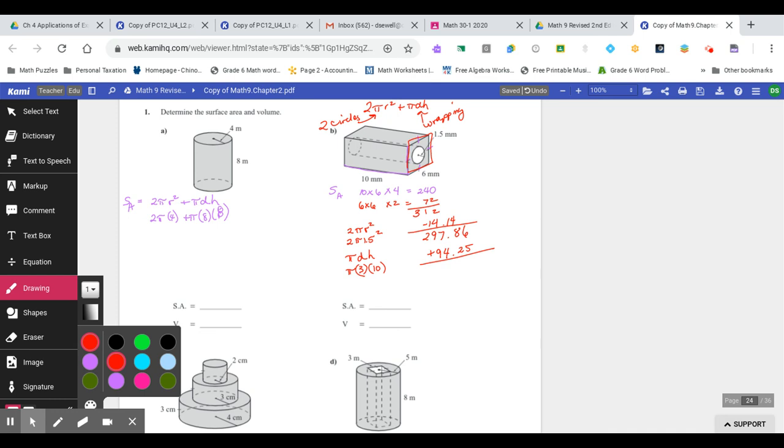When I add those in, I get 392.11. Now I'm going to put my units down. It's area, so it's millimeters squared. So that should be your answer to question 1B.